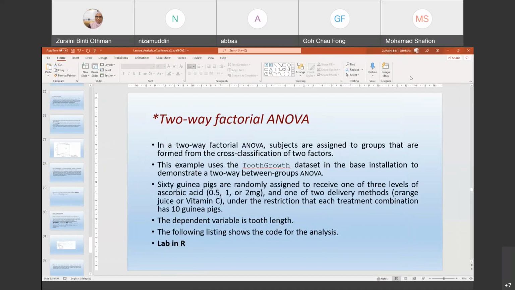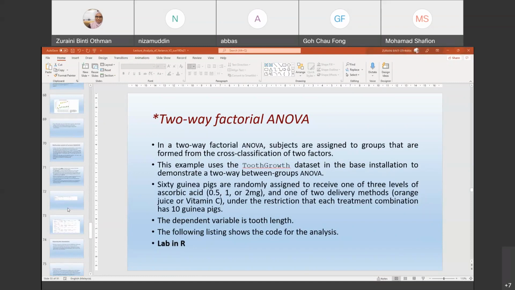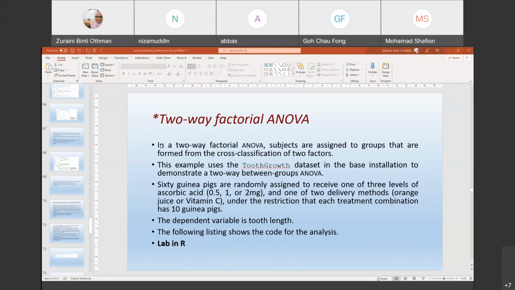Actually, what we are doing at this stage, all the R, all the exercises, all the examples that I give to you on the slide, are based on the few slides at the beginning, from the last class, where we learned about terms, within group, between group, then what is ANOVA, MANOVA, ANCOVA, and how to create a formula.